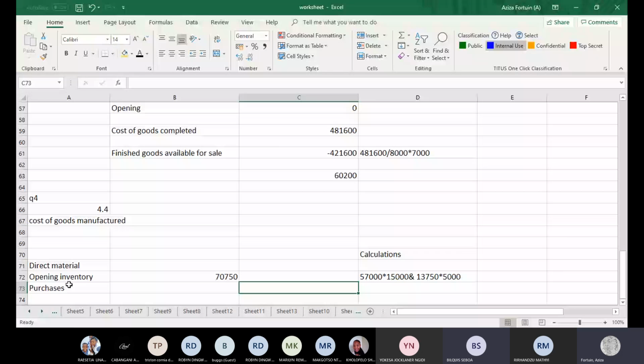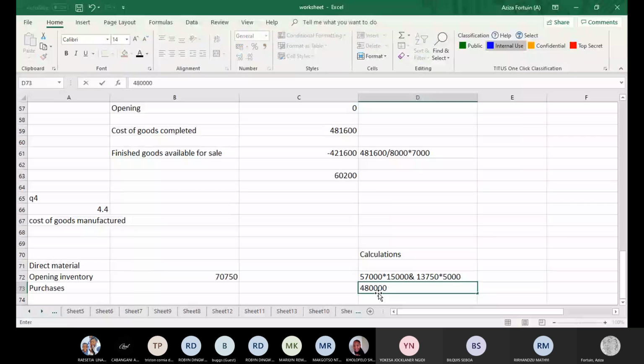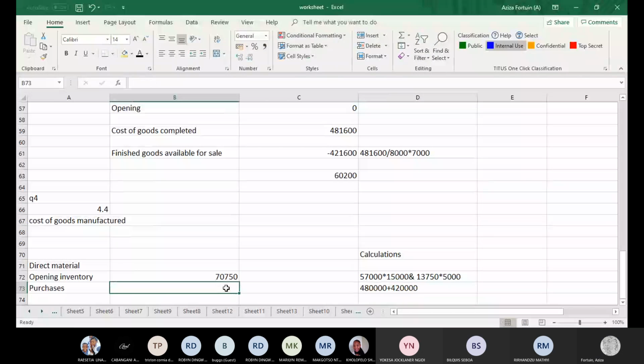Yes. Sorry, I saw it's on the next page. I thought that was the end of the question. But direct materials purchases are 480 for KKK and 420 for MMM, triple K and triple M, and that gives you the 900,000. Okay, everybody see that? $900,000 on the next page, on the direct material purchase. Yeah, 480 and 420,000.